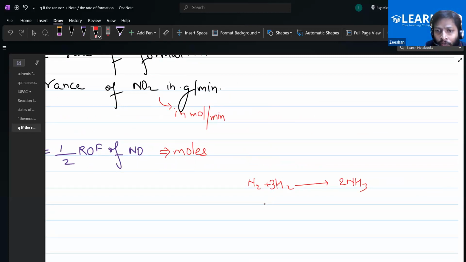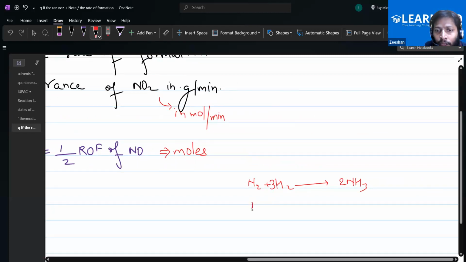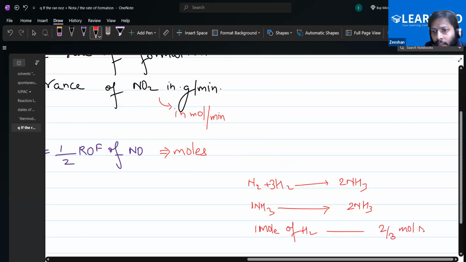So what we know is that 1 mole of N2 makes 2 moles of NH3, right? Or you can say 1 mole of H2 makes 2 by 3 mole of NH3, right?